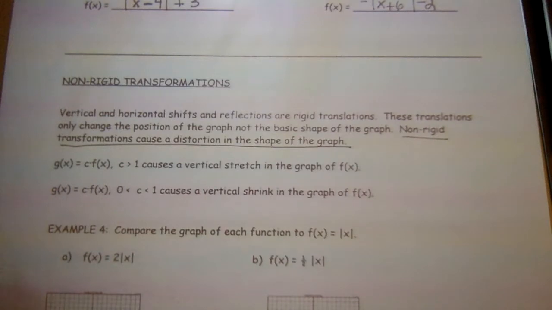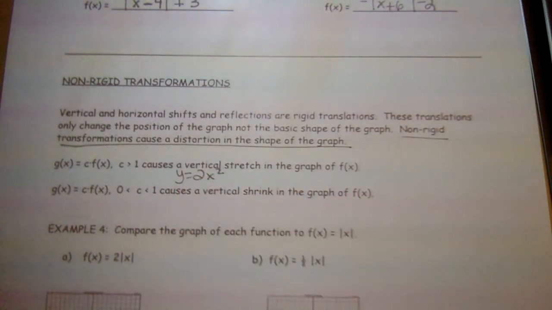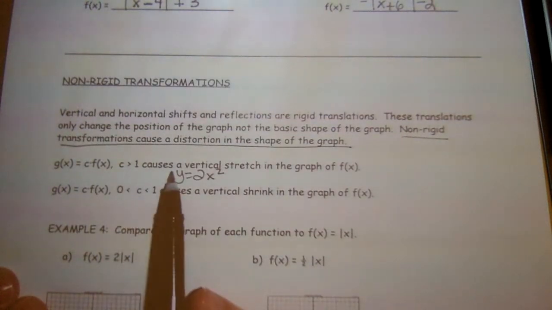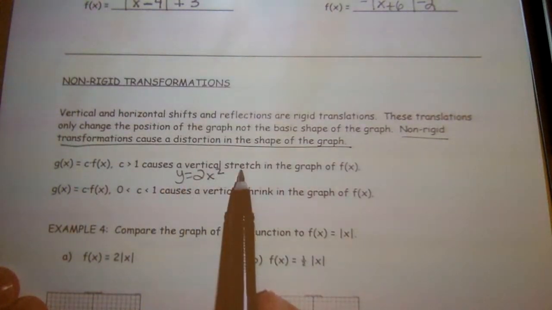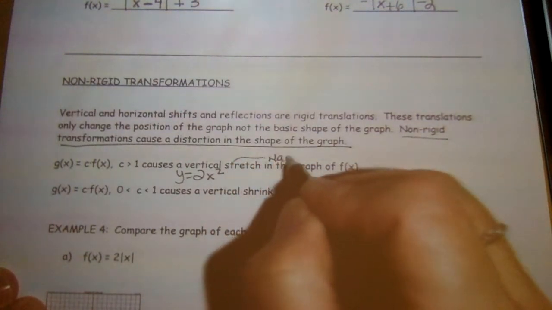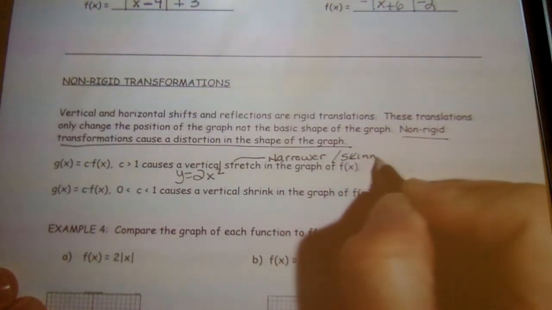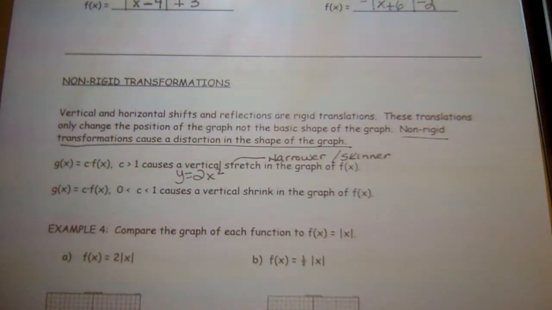That happens when we put a number in front of the x squared. If the number is greater than 1, it causes what's called a vertical stretch of the graph. Vertical stretch means the graph is going to be narrower, skinnier. And think about it.